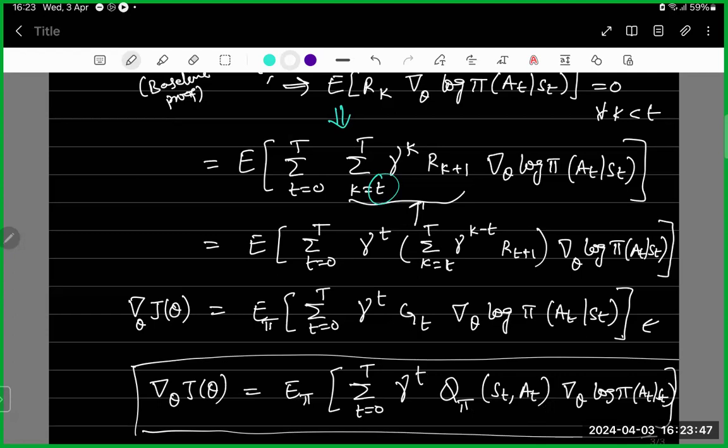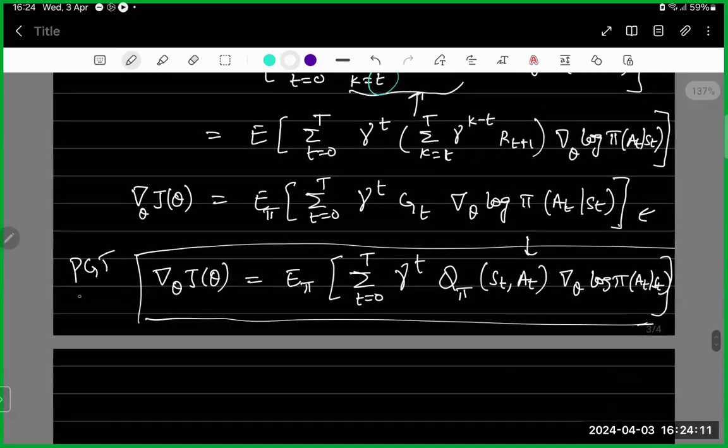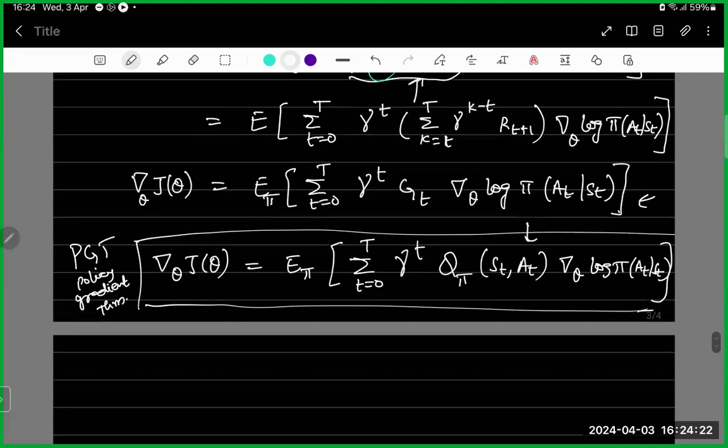We can show that in general, if you take that particular objective, then the gradient will be equal to this. This is the one which you can mostly remember. And by looking at this expression, you can derive different variants of the policy gradient algorithm. Okay. So this expression is generally called the policy gradient theorem. We'll take this expression as our base expression and try to derive different variants of the policy gradients.